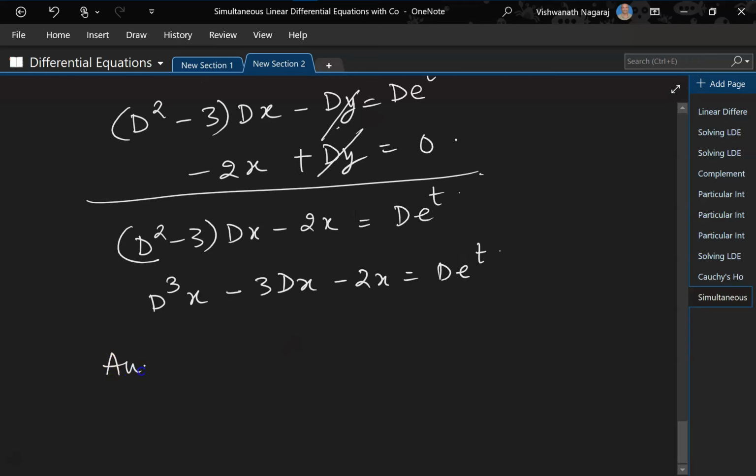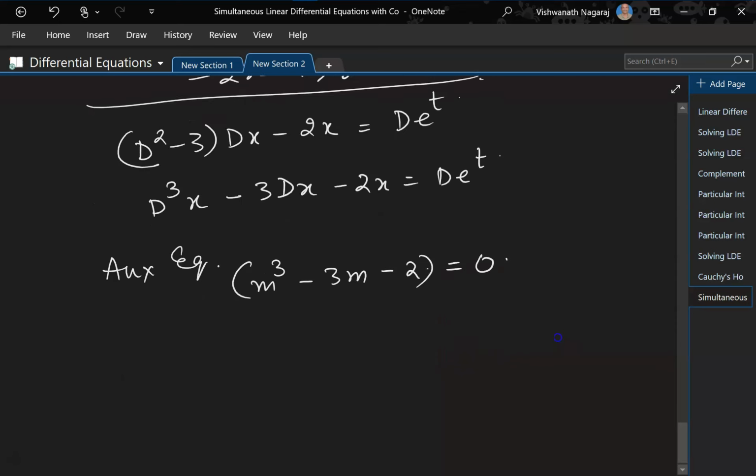So first we figure out the auxiliary equation. m cubed minus 3m minus 2 is equal to 0, since in case of the auxiliary equation the right side is 0. Now how do we factorize this? Let's put m = 2: 2 cubed is 8, minus 6 minus 2 is minus 8, so 8 minus 8 is 0.